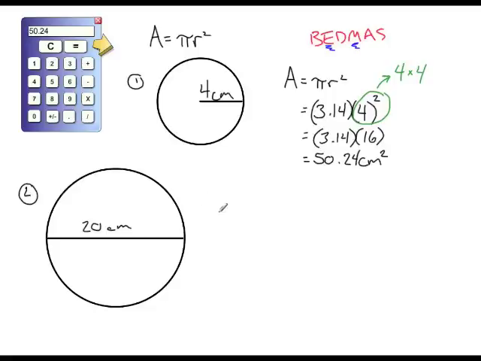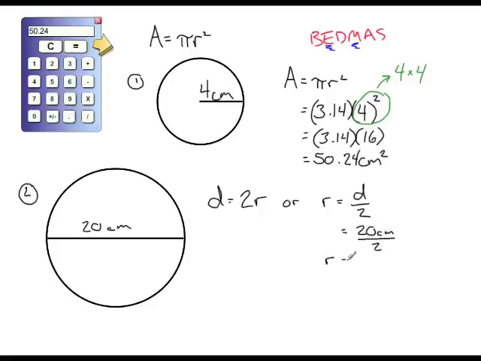You might remember from a previous video that the diameter is equal to twice the radius, or that the radius is equal to the diameter divided by 2. So let's use this here and find the radius. So the radius equals the diameter, which is 20 centimeters, divided by 2.